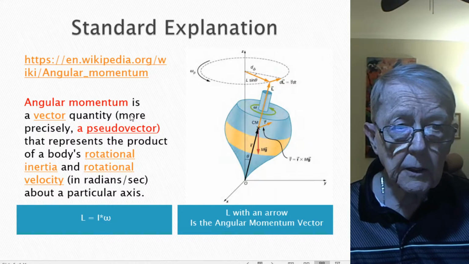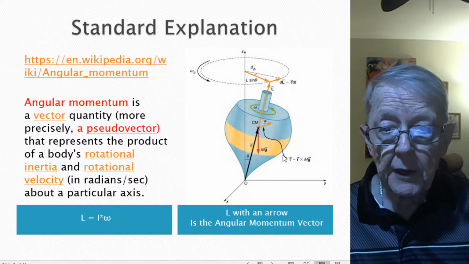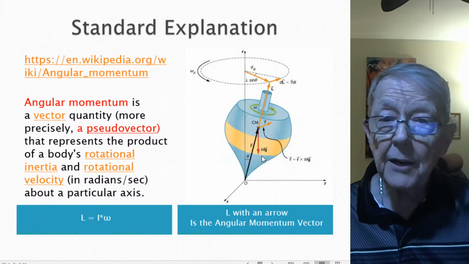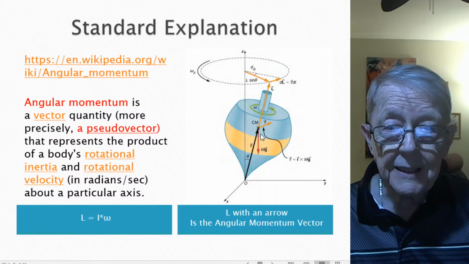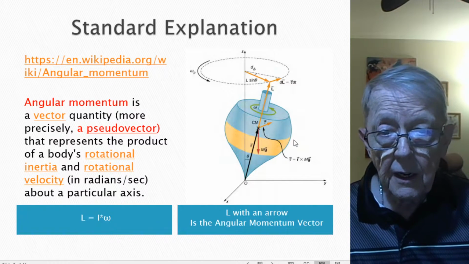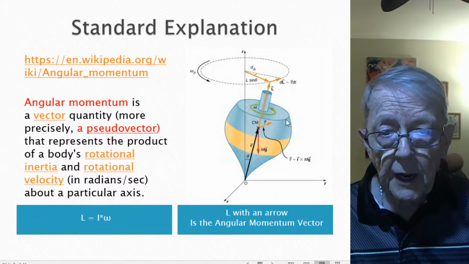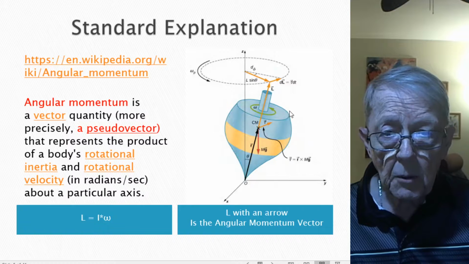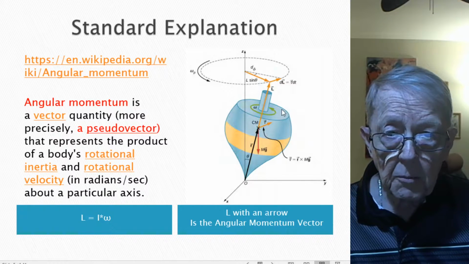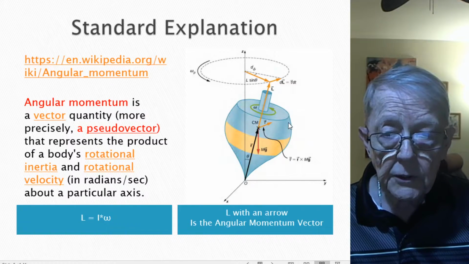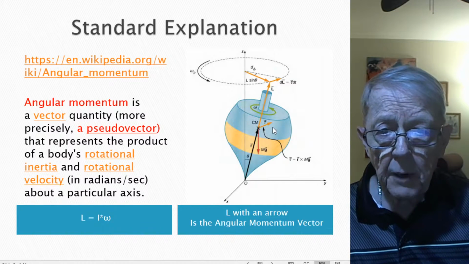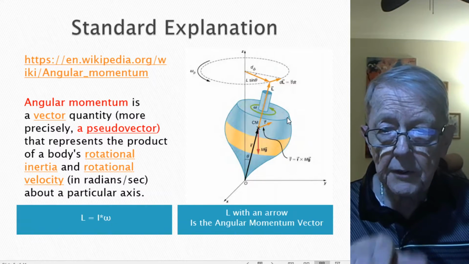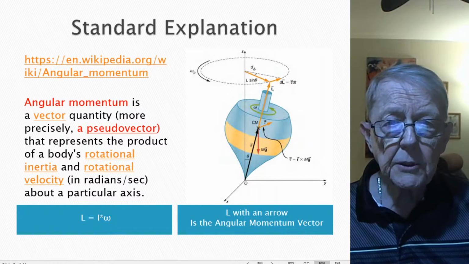And so they start with angular momentum, and they give you all these equations, and you can derive the force. What's interesting about angular momentum is its direction. If you pick a point on the edge of the gyroscope here and watch it go around, it has linear momentum and angular momentum if it's going around in a circle. So that momentum is sort of horizontal, at least it's level with the top of the gyroscope.